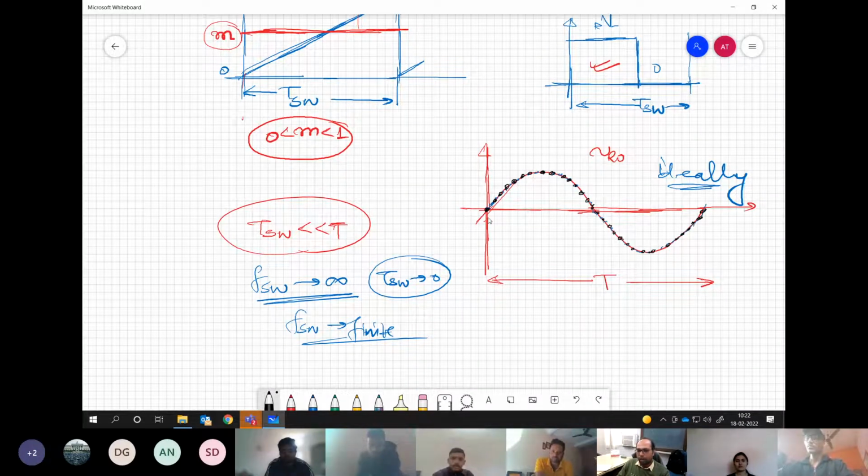So what is the actual waveform that is generated? We are basically trying to generate this voltage level. So there is some switching interval involved. Over this TSW we have realized this voltage level. Next, over this interval we have realized this voltage. Next, over this interval we have realized this voltage, and so on.